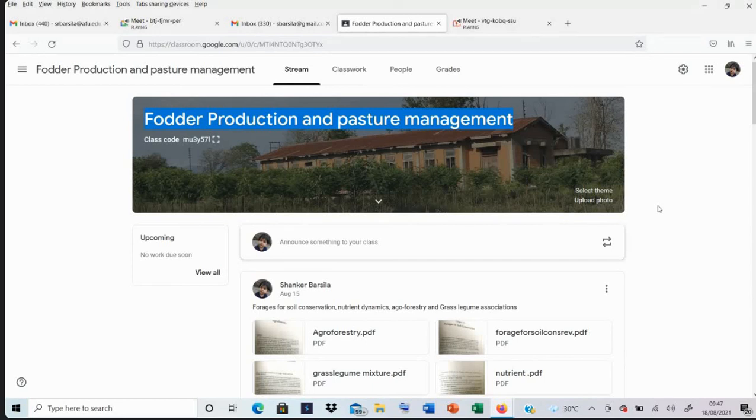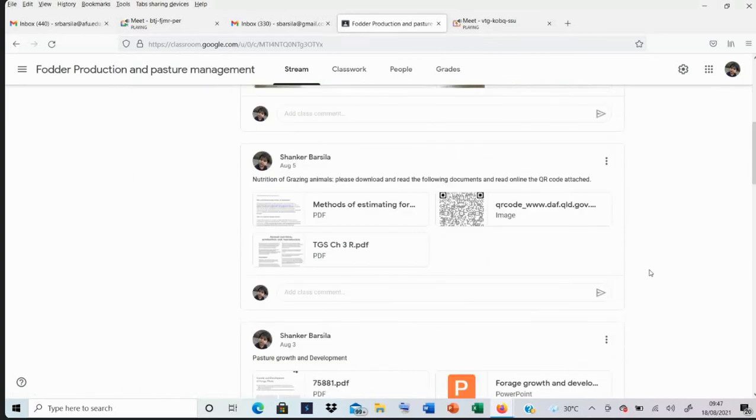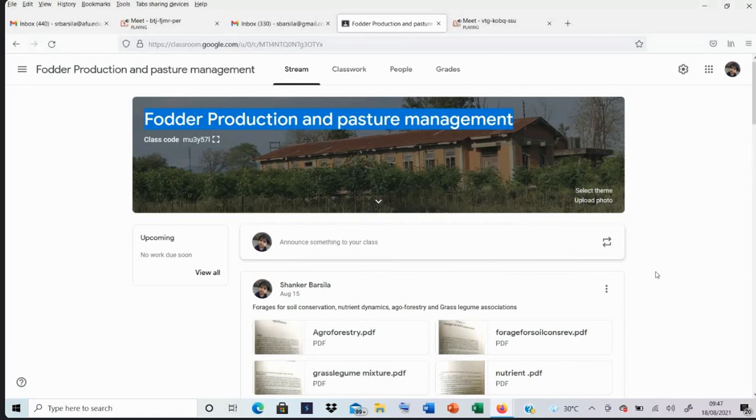So I have finished the theoretical part, and all the notes and handouts have already been attached. Please download all the information you need for the theoretical part, and for the cultivation part we'll start from tomorrow. But next week I will give you time to submit the assignment back as a part of internal assessment. Okay.